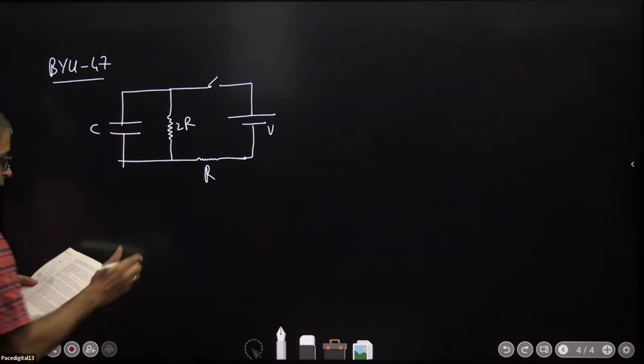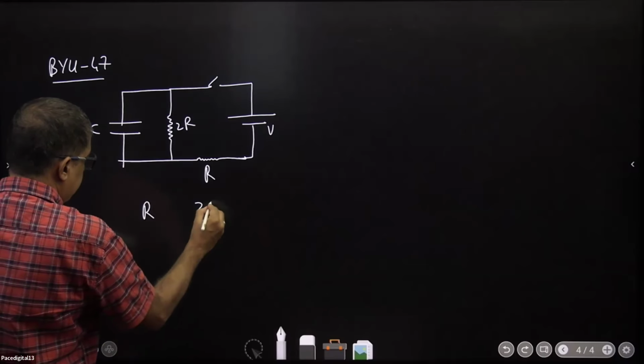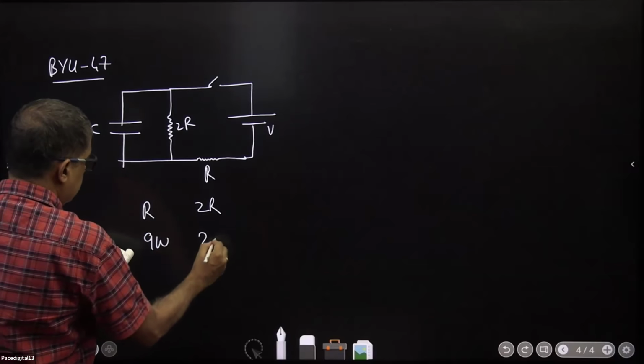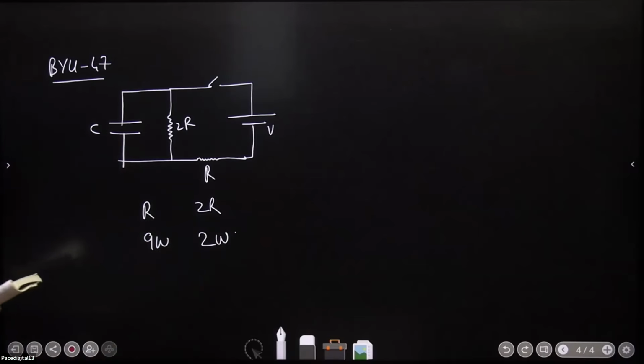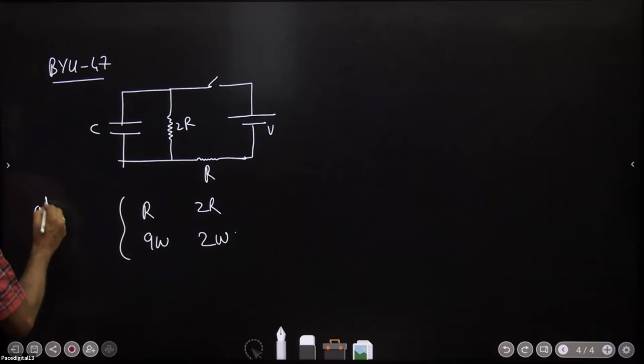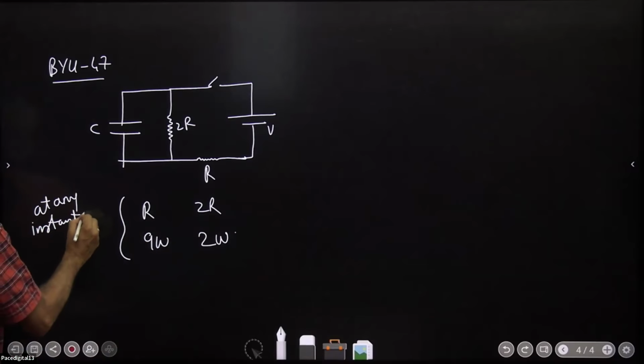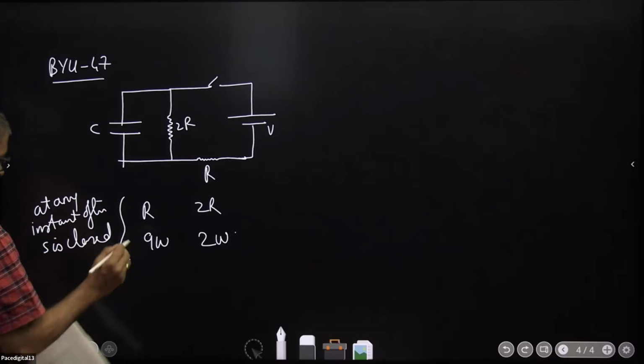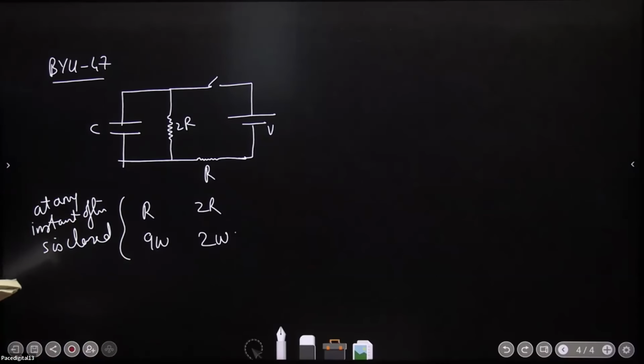At any instant after S is closed, find the rate of increase in energy stored in the capacitor at this instant.